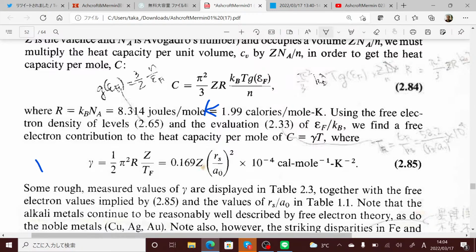Where is the epsilon F divided by kB? Okay. We use the free electron density of levels here. Then where do we use the evaluation 2.33 of epsilon F divided by kB?